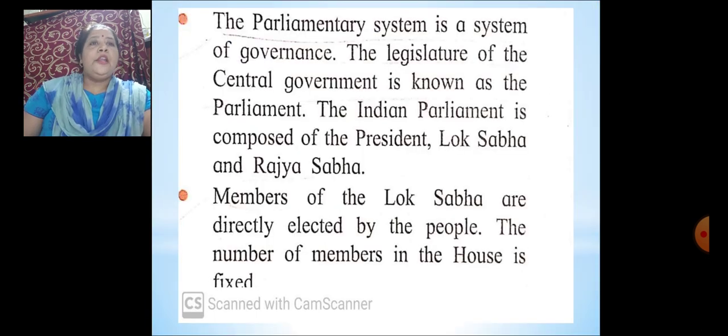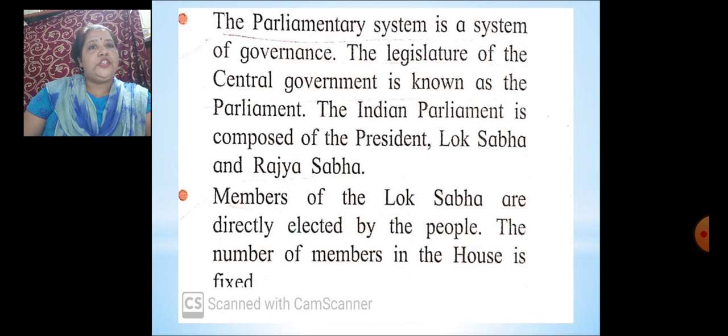Firstly, the parliamentary system is a system of governance. Okay, what is this parliamentary system? It is a system of governing a country. The system which is governing our country, that is called as parliamentary system. The legislature of the central government. Okay, central government here means the main governor or the union government.